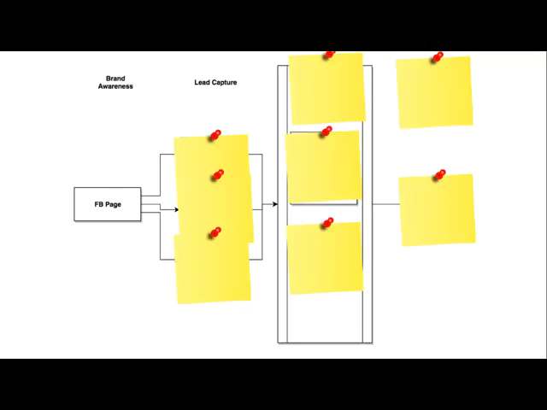So some examples of lead capture. We look at three main ones here from the Facebook page. The first is your blog or main website. Now, this really leads to email capture. It's my belief that every business should be building an email subscriber list.